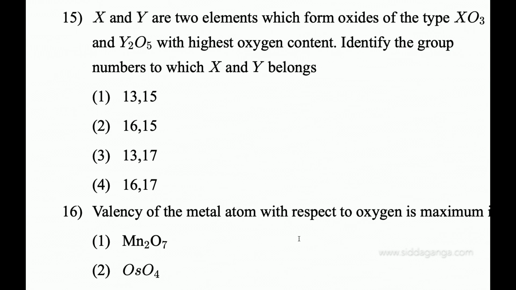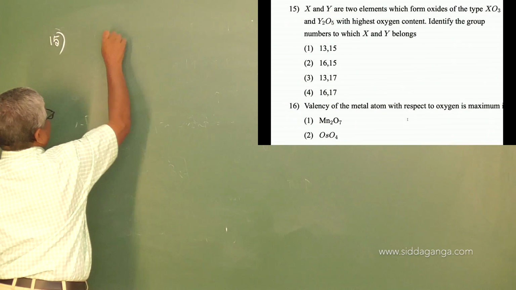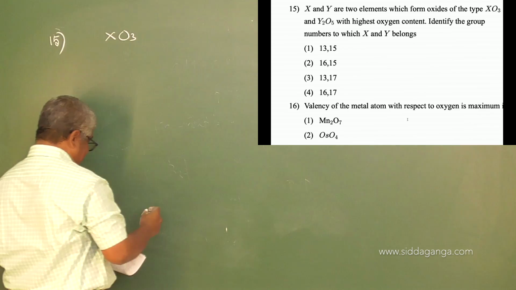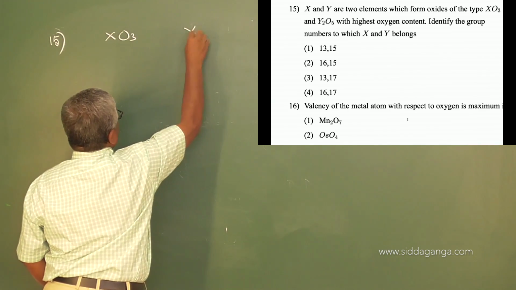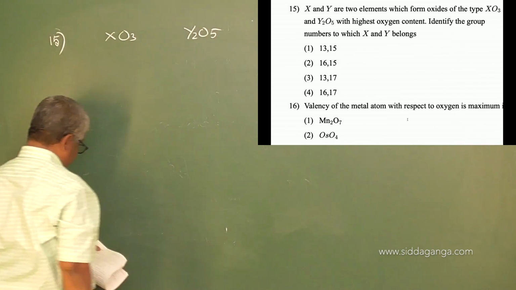So to identify which group X and Y come in, XO3 is one compound, another compound is Y2O5.